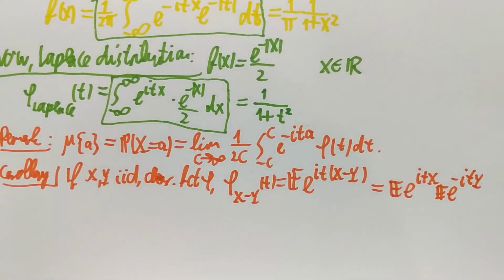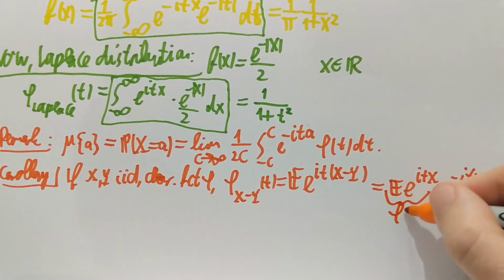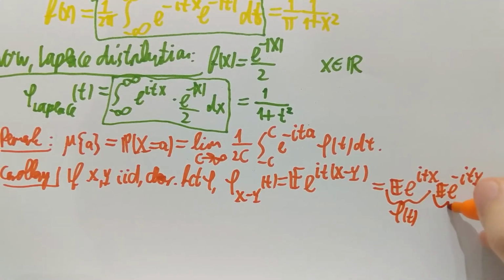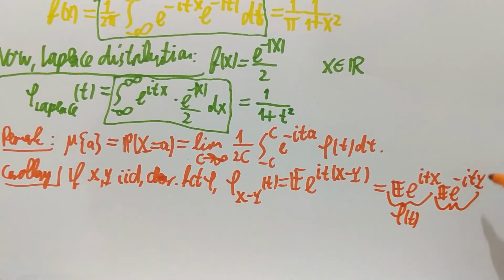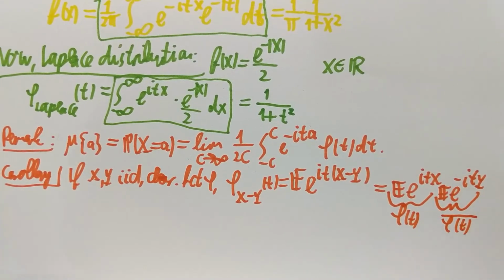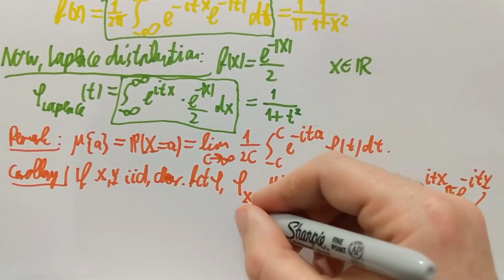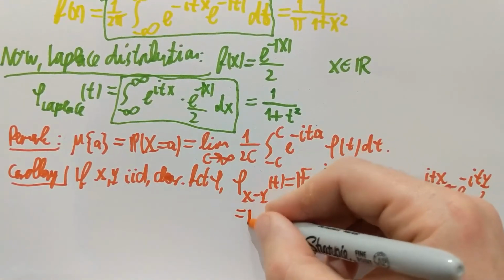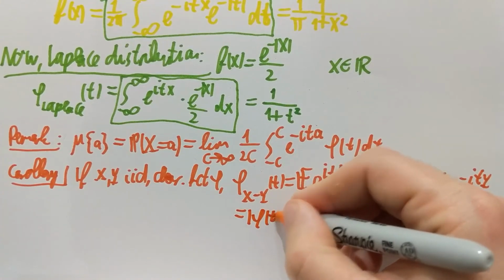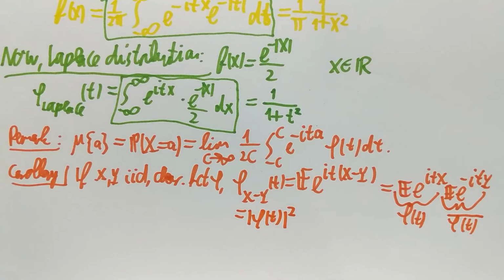Okay. Now, in the first one, of course, we recognize phi of t. In the second one, we recognize phi of t except it's complex conjugated. So in fact, what we end up with is that phi of x minus y is just the original phi, mod square, phi times phi complex conjugate.